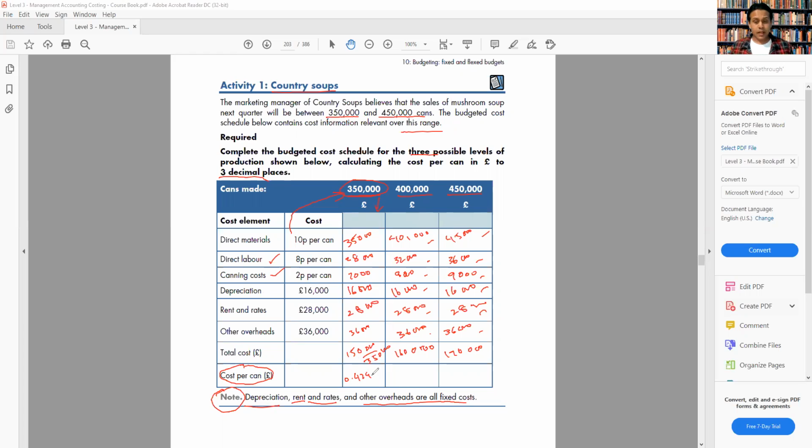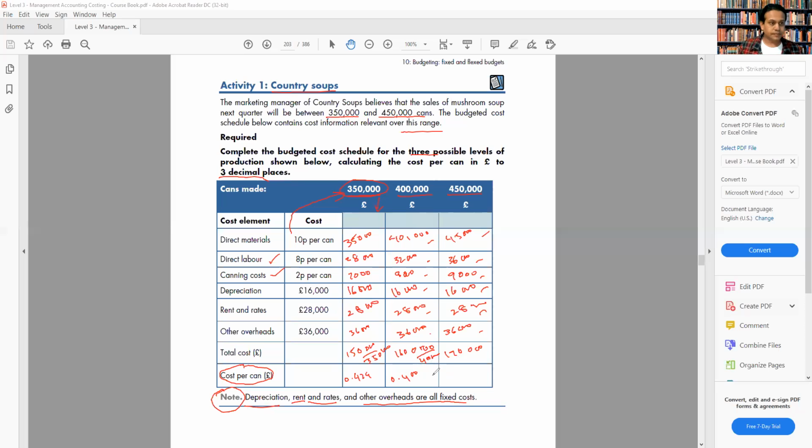Then you move to the next one: 160,000 divided by 400,000. That will give us the cost per can for 400,000. So 160,000 divided by 400,000 gives me 0.400.